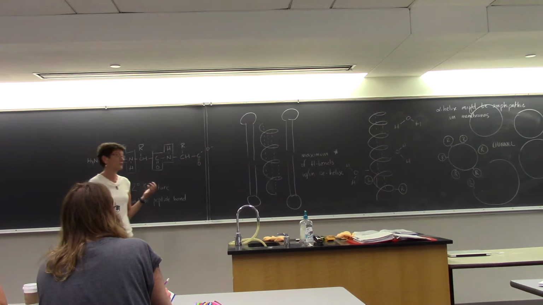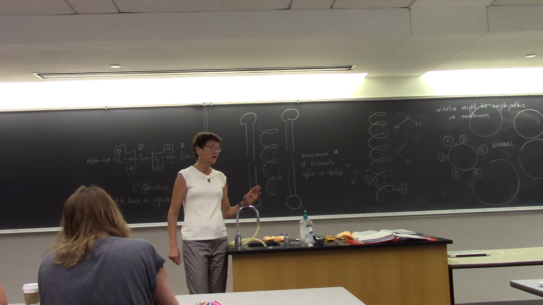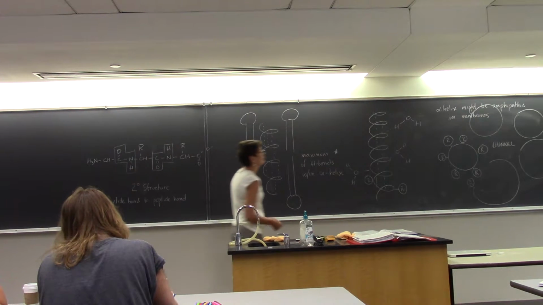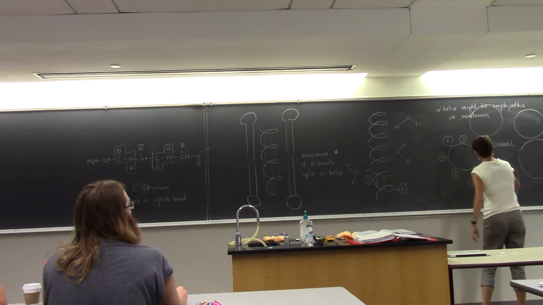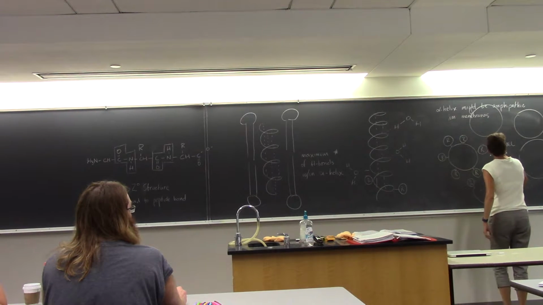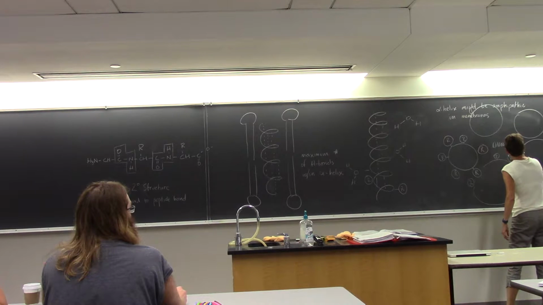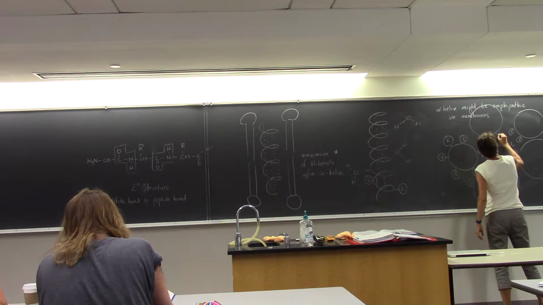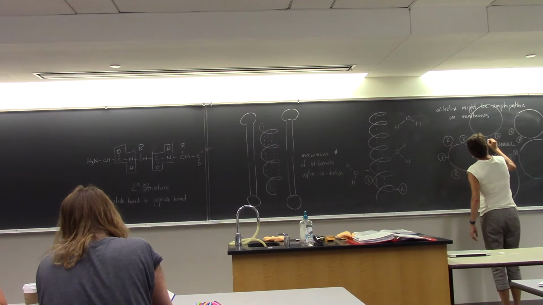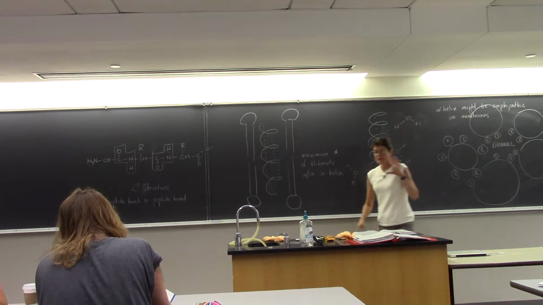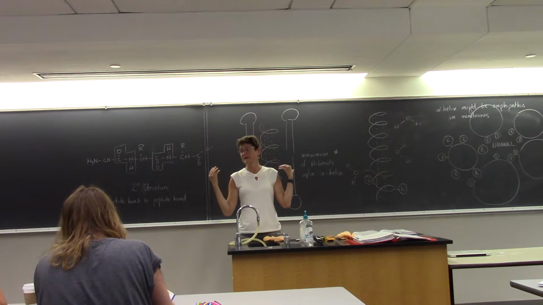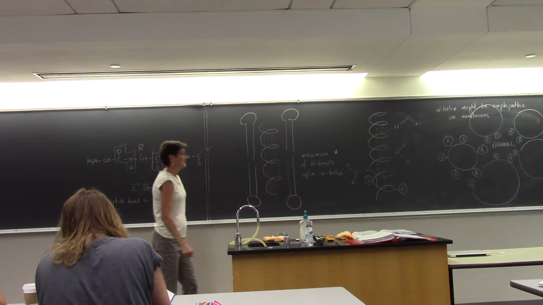So it might be chloride or potassium, maybe glucose, although glucose does not go through a channel, but okay, so there are some of the R groups that are poking into the channel, and then there are some R groups that are poking into the hydrophobic tails, fatty acid tails of the membrane.